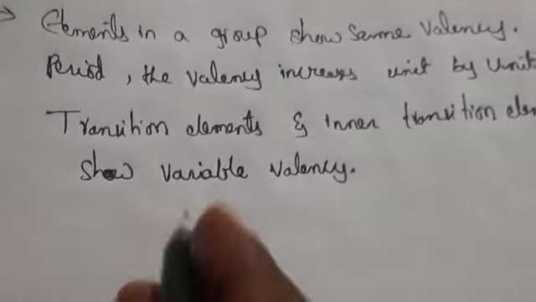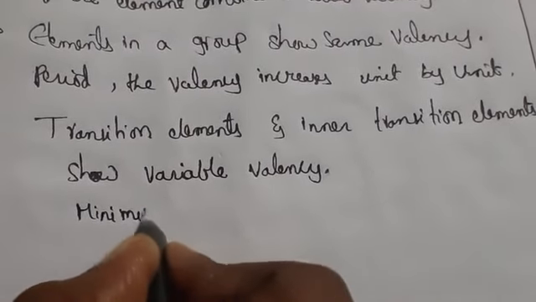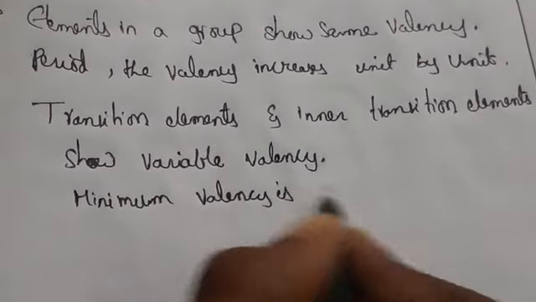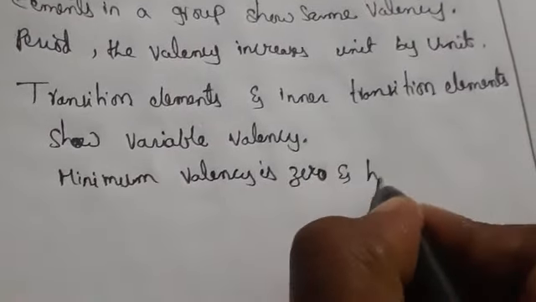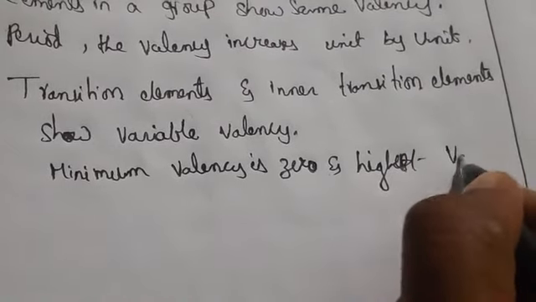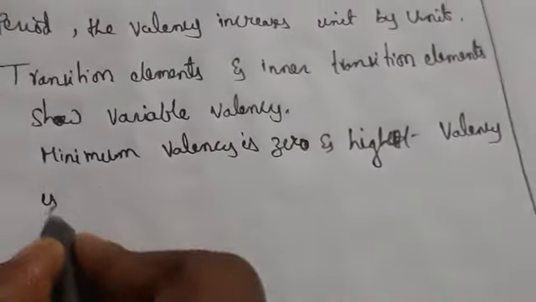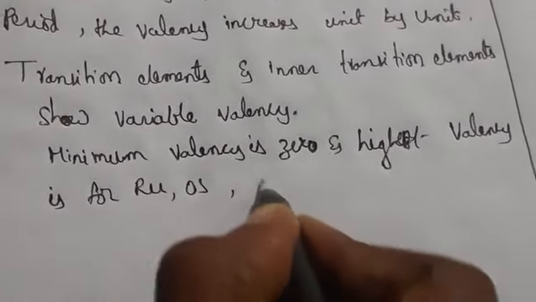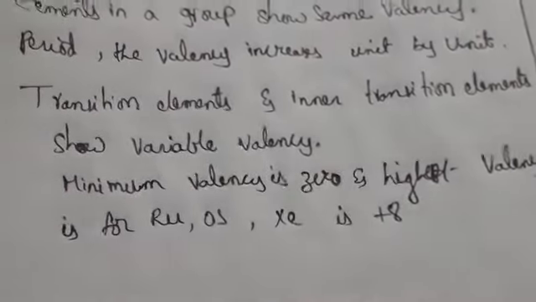The minimum valency for transition elements is 0, and the highest valency is for ruthenium and osmium, which exhibit +8.